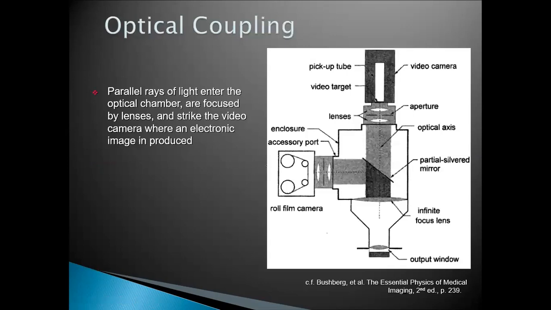In the photospot and the digital photospot camera, the system is arranged here. So this is where a photospot image is formed.